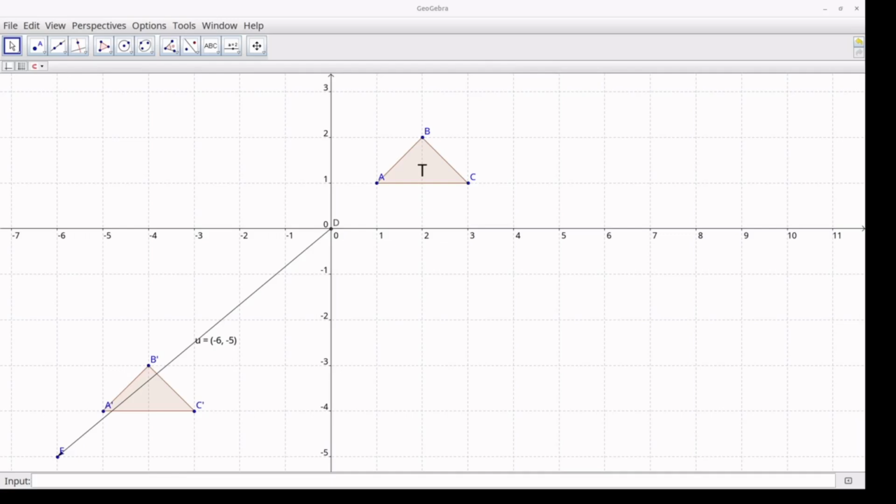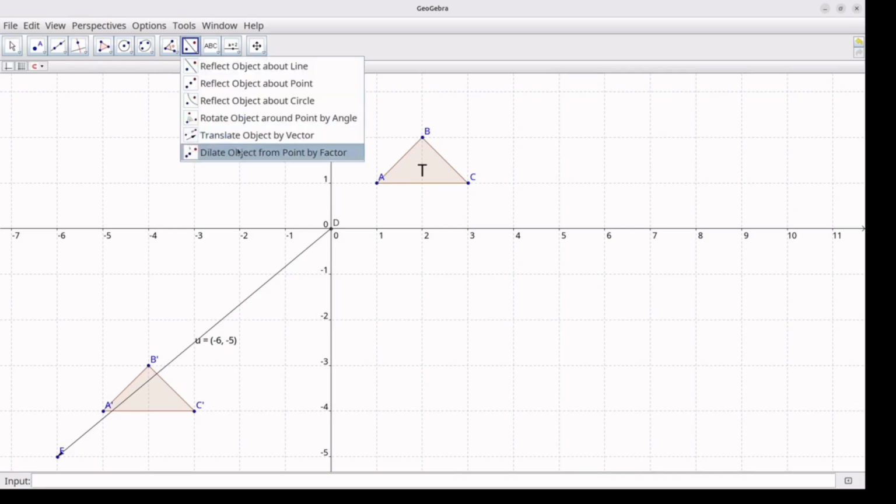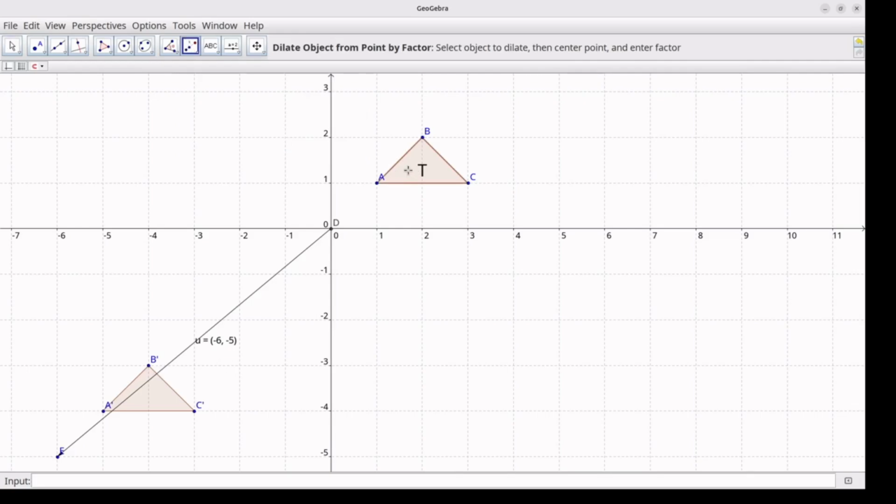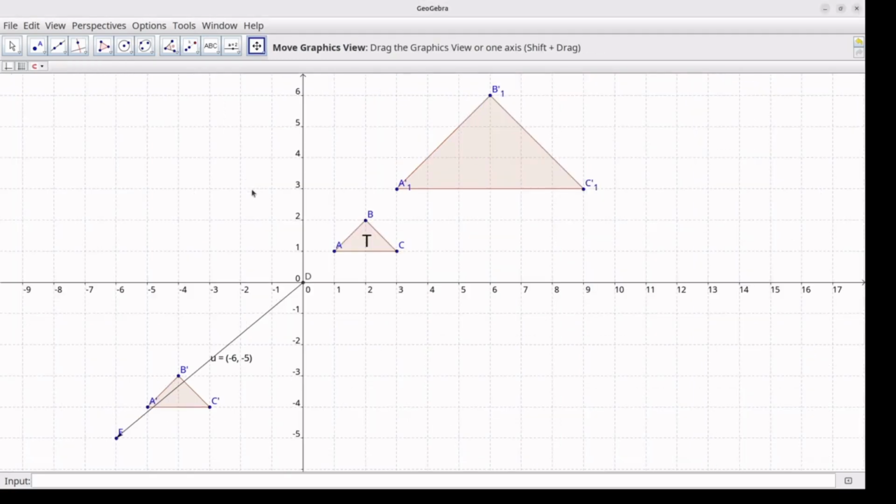We are enlarging at the center (0, 0), scale factor 3. There is a button for dilate. Then select the object and then click the center. It's (0, 0), scale factor 3. There you go.